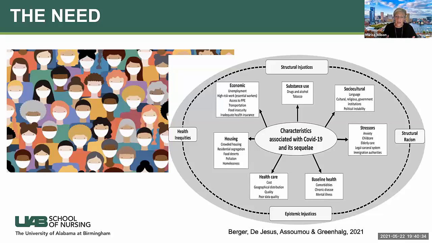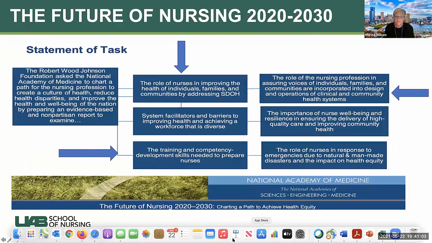That's health inequities, economic inequities, crowded housing, baseline health conditions, stressors, etc. Those people that scored highest on all these things, A, were at highest risk for contracting COVID, and B, were at highest risk for having bad outcomes or death. All of this stuff needs to be addressed as part of what we're doing, including monitoring it from information technology.